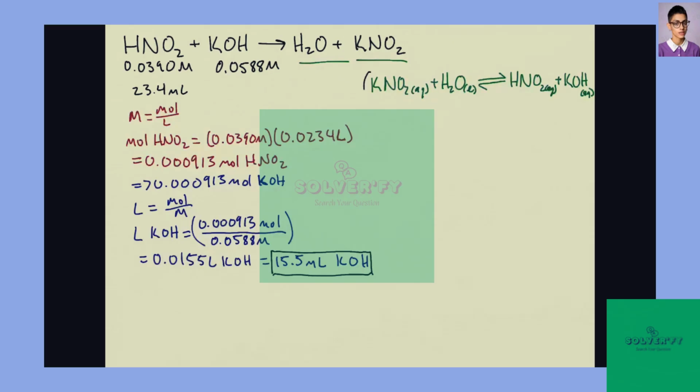In solution, these ions will separate from each other, and so will these. And so potassium is what's called a spectator ion. So we can rewrite this equation without potassium.